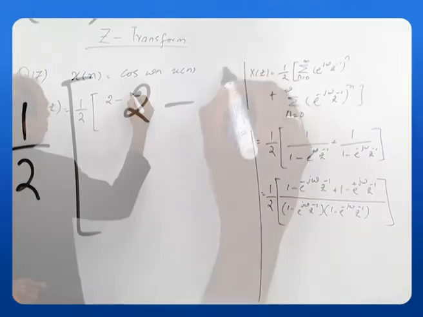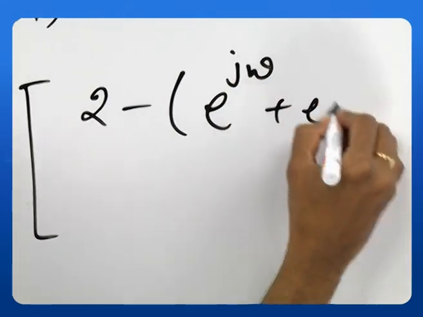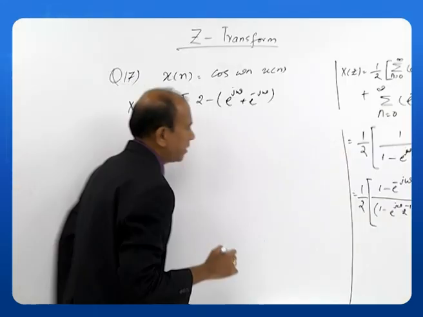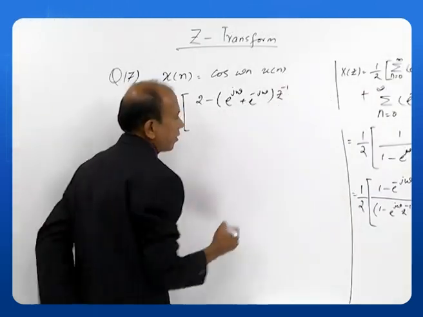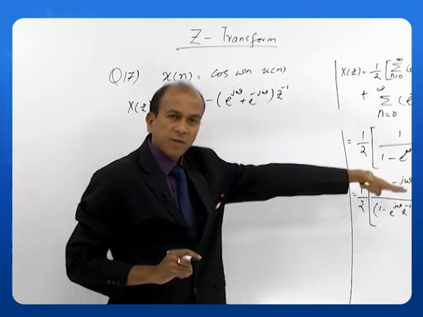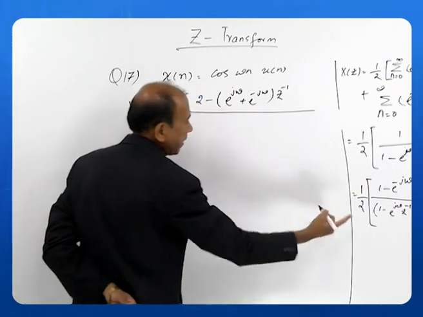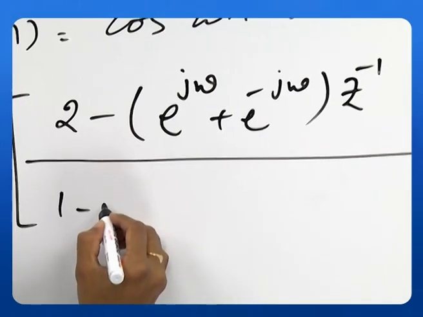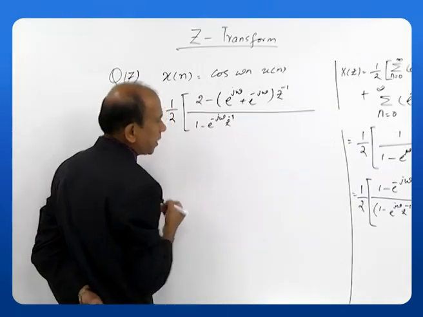So this will be e to the power of j omega plus e to the power of minus j omega, and this whole is multiplied by z to the power of minus 1. That's the numerator. Let us check out the denominator. Let us multiply that: 1 minus e to the power of minus j omega z to the power of minus 1.